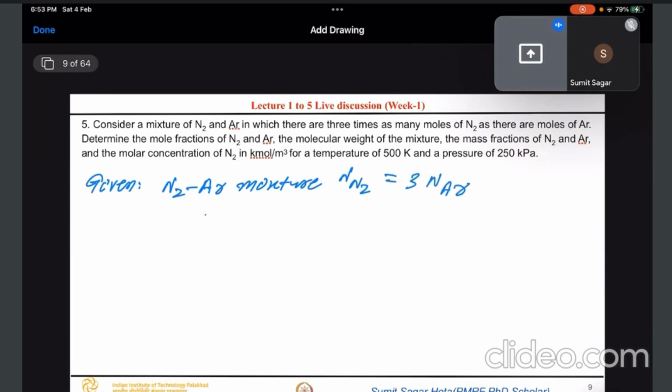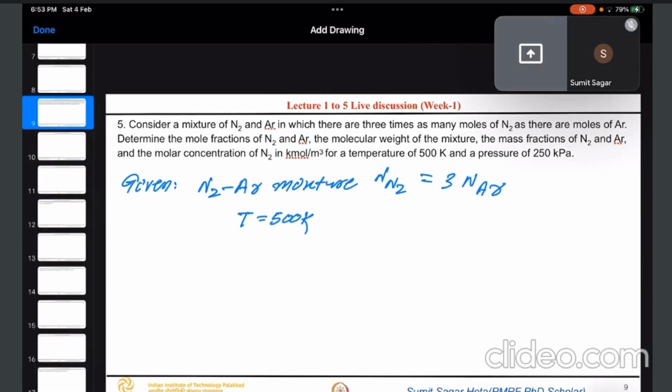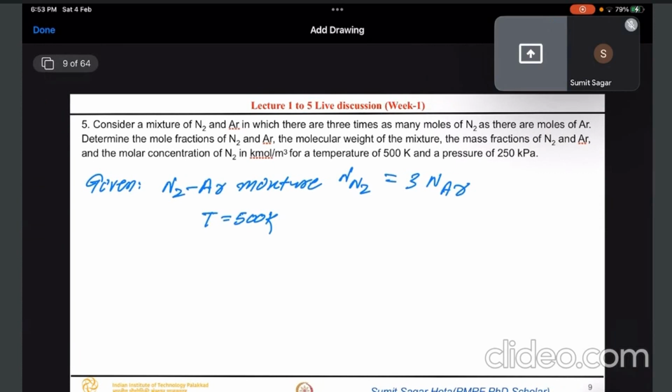This is given. T is equal to 500 Kelvin given. P is equal to 250 kilopascal given. Okay, this much I think only given.